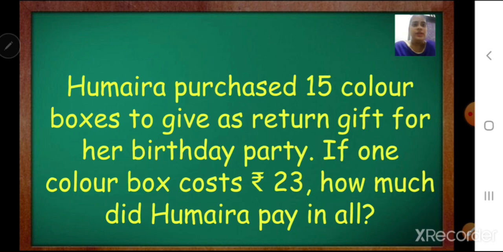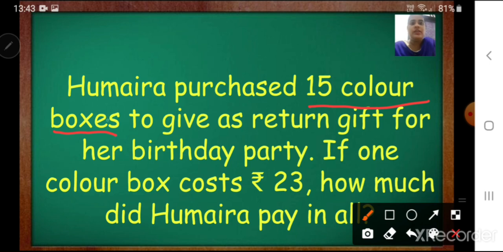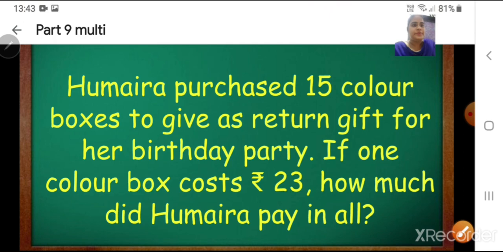Now here they are saying that it is Humaira's birthday, and she wants to give return gifts to her friends, correct? So she has purchased 15 color boxes. And they have also given the cost of each color box, right?